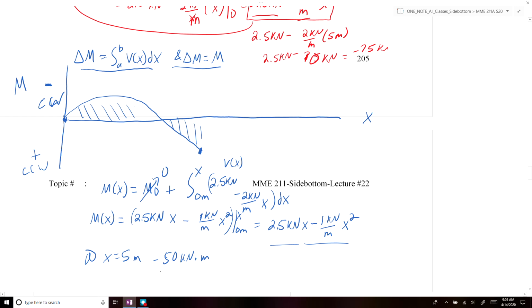Since our negative axis is going along the positive vertical direction, I know that's confusing, but it will get added to our diagram here, so we'll have our negative 50 kilonewton meters here.